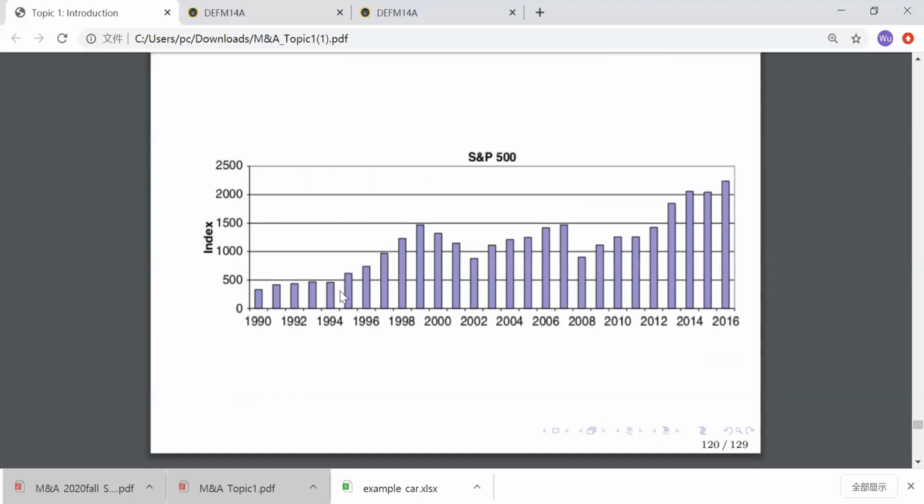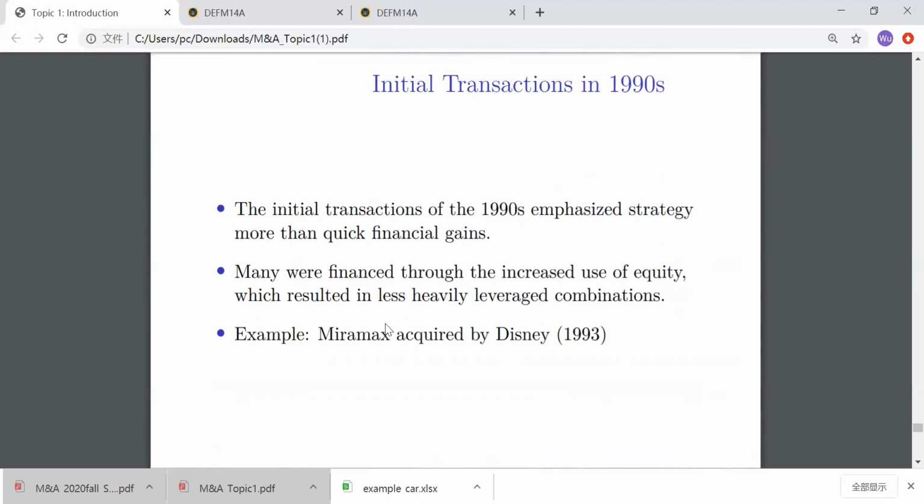You can also see the stock market valuation, the S&P 500 index, increasing during this period. Initially, the transactions in the 1990s were actually quite rational, for example, the acquisition of Miramax by Disney.